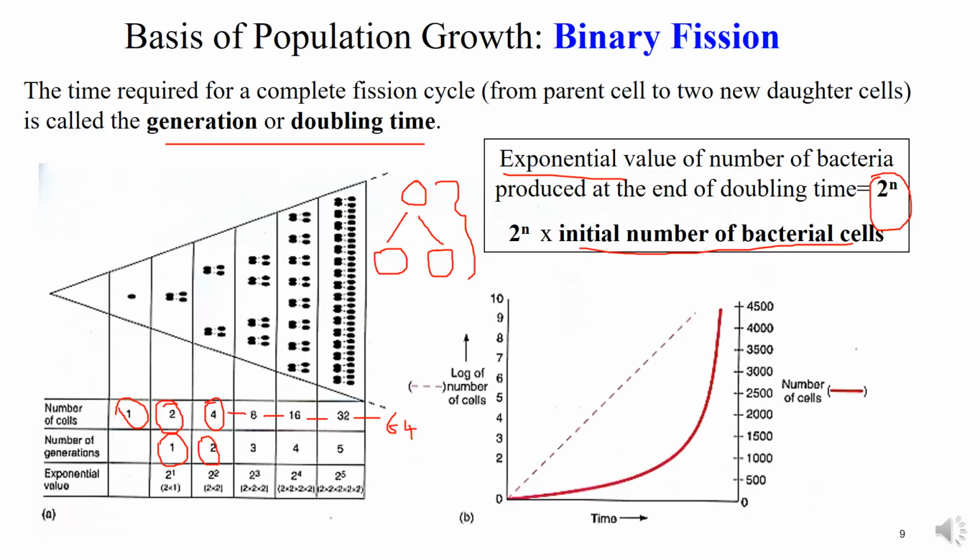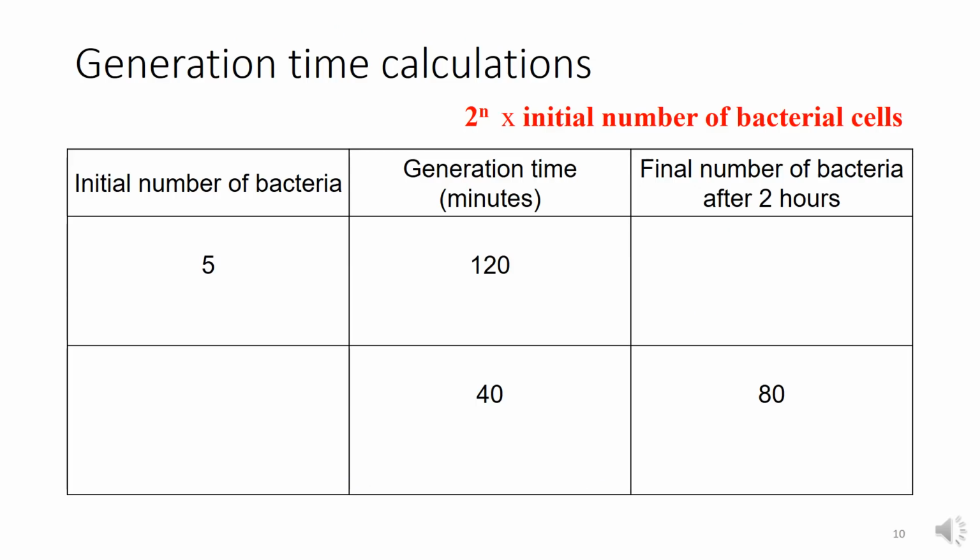For example, if you start with 5 bacteria, then 2 to the power n is your doubling time, so you'll be able to calculate the number of bacteria at the end of the process. Let's look at an example in the next slide.